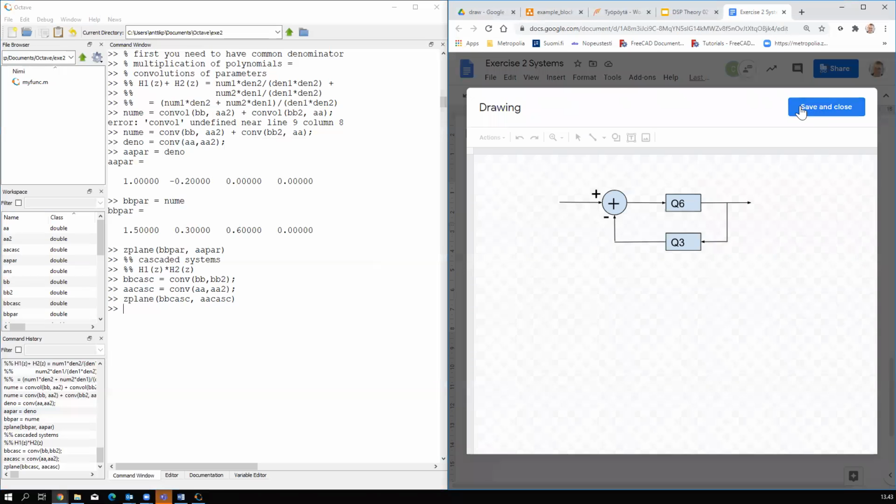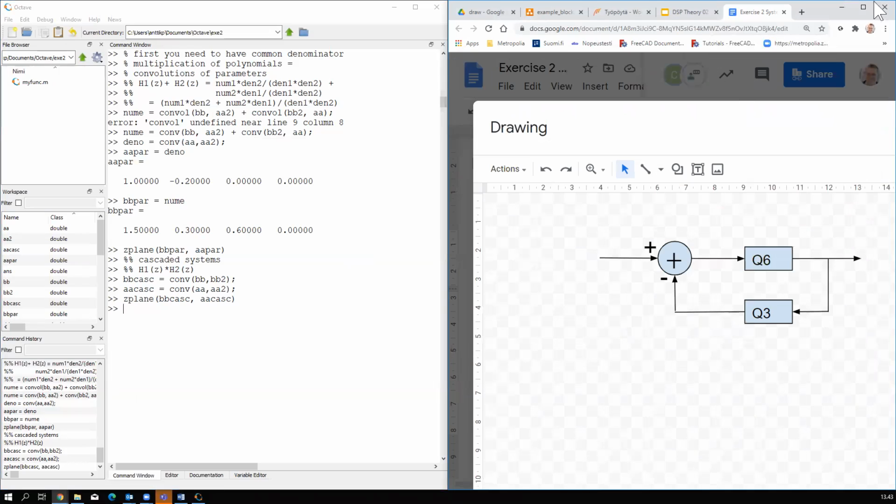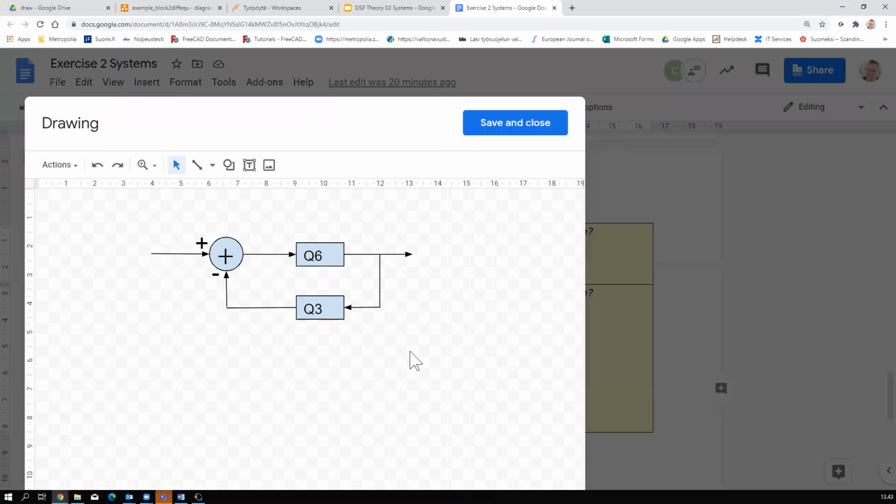Practically in here, one way to do it is just follow the signal. I will show you a little bit here.